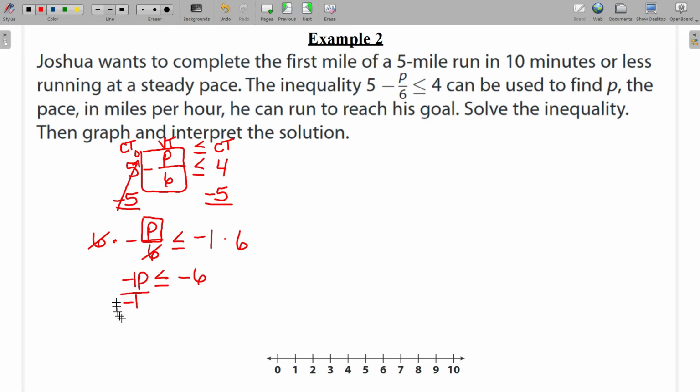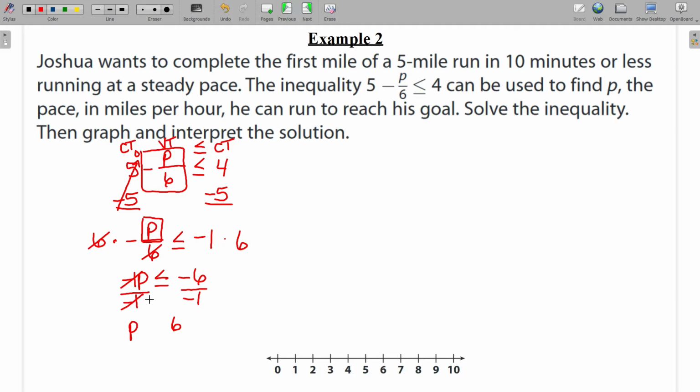Now what I do on one side of my inequality, I must do on the other side as well. So I'm going to divide the negative 6 by negative 1 also. Now when I take negative 1p divided by negative 1, I'm going to get a positive p because the negative 1's are going to cancel each other out. When I take negative 6 divided by negative 1, that's going to give me a positive 6.